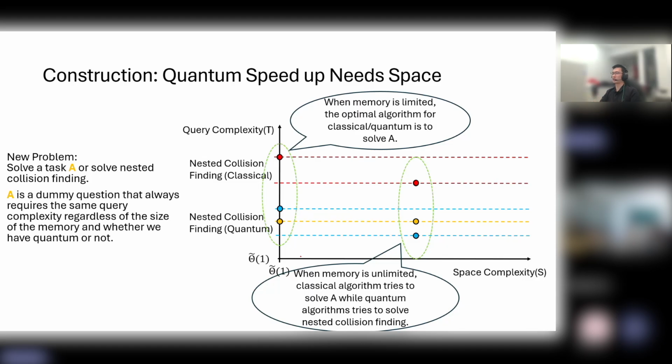So here we get a quantum advantage. This construction sounds dumb, but here's the message.